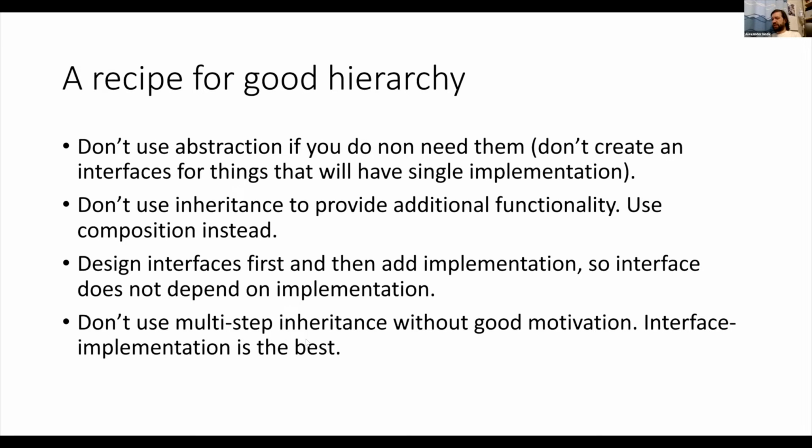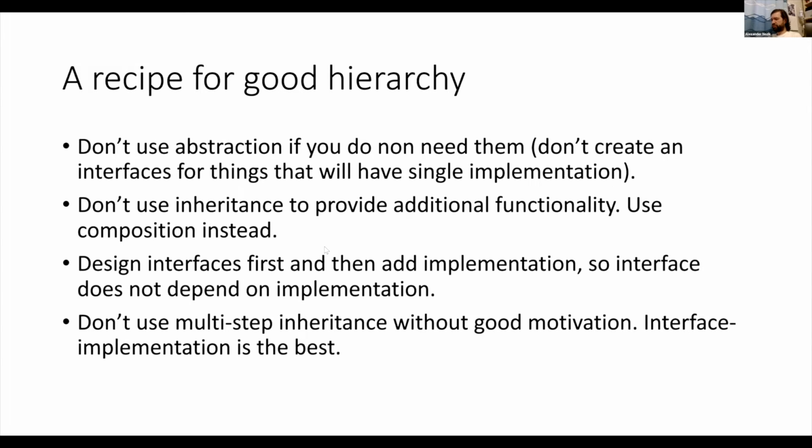And again, multi-step inheritance without good motivation is a bad thing, because you will get confused in the future. It will just confuse your logic without adding anything. Usually there are 2 or 3 levels of inheritance, like interface, abstract class if you have several descendants, and implementation class, and that's okay.